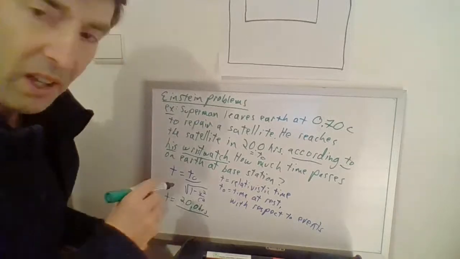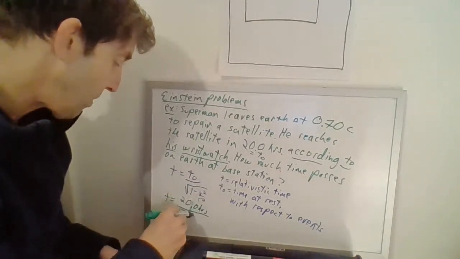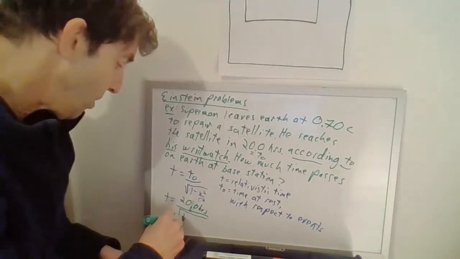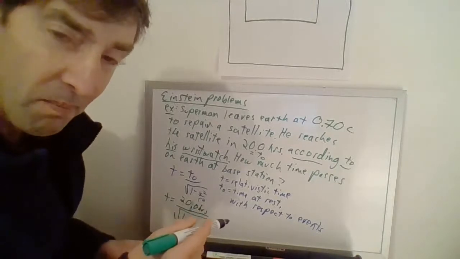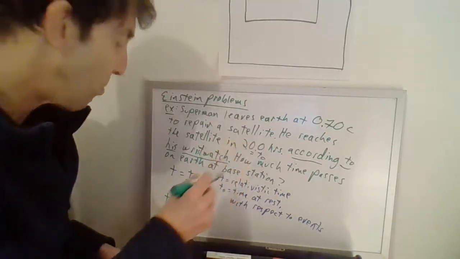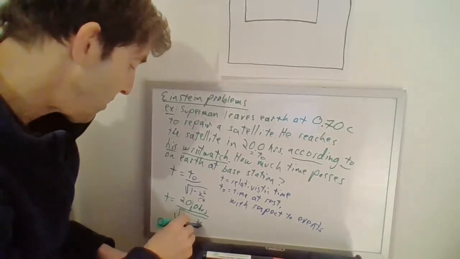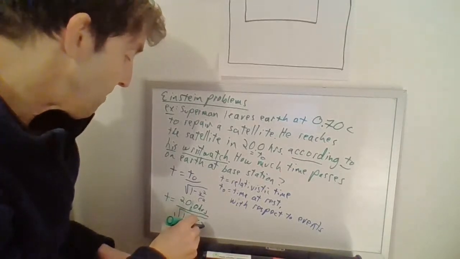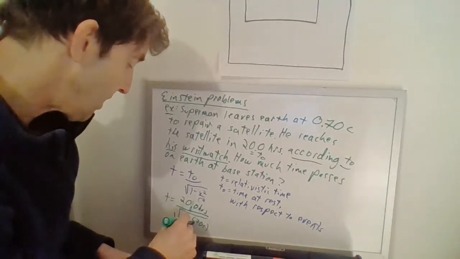Divided by, now here's Ellie where I'm going to make a suggestion, okay? Go like this. 1 minus, keep it as v. Don't change it to some other number. Keep it as 0.70 C, and then square that.